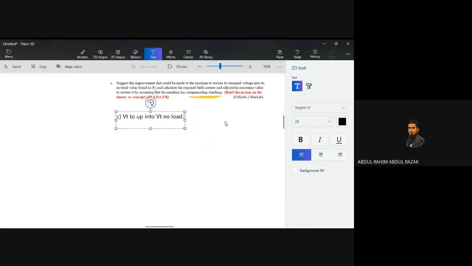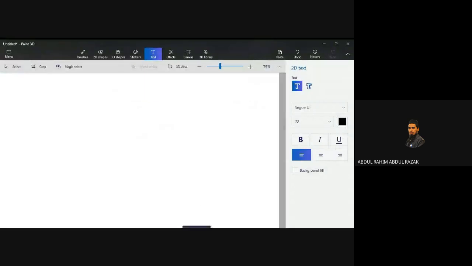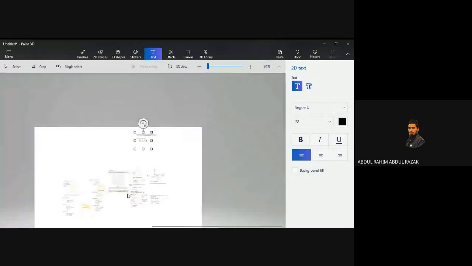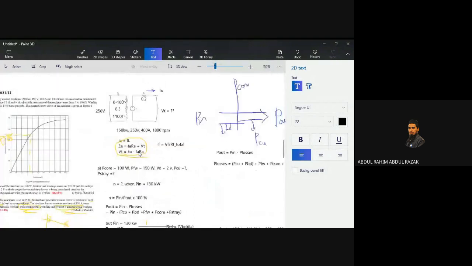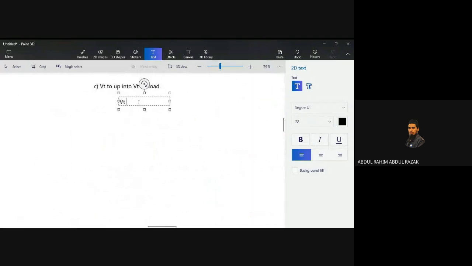When you refer back to the equation that we have derived before, see, this is VT, which is equal to EA minus IARA. So you can write over here, VT is equal to EA minus IARA. So you can discuss, or you can explain in theory.